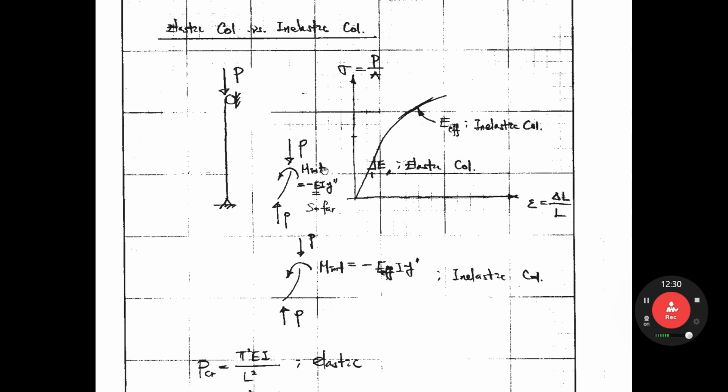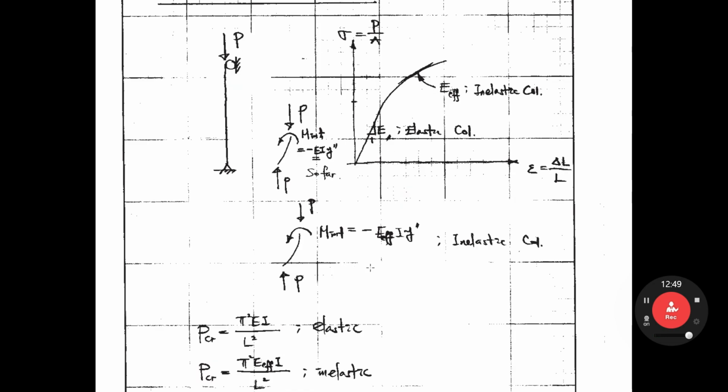So far you learned this kind of free-body diagram: M internal equals minus EI y double prime. This E is the elastic column E. If it is a short column case, let's assume this is a short column, then take out this part, the free-body diagram, P, P, M internal moment. The internal moment is minus E effective I y double prime. This slope, not here. So this is the inelastic column.